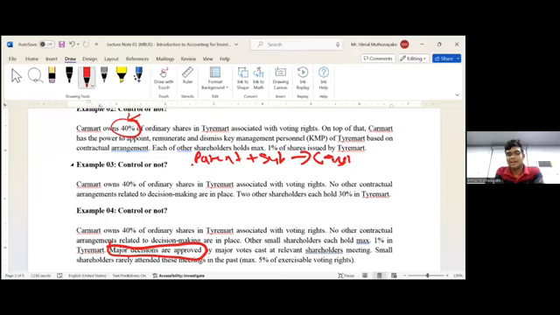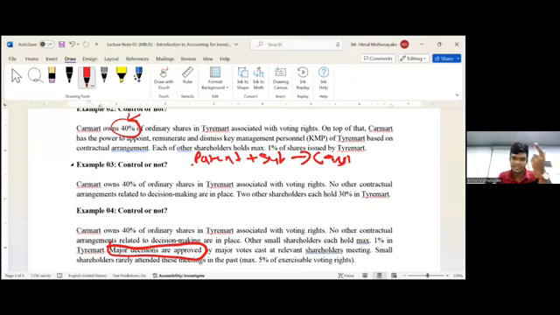So in this case, Kmart owns 40% of the ordinary shares. According to our decision making criteria, which is more than 50%, we can't say this is a subsidiary company. But still, it says major decisions are approved by major votes. We learned that the concept of control is if we can control the decisions of that company, we say we have control over it.